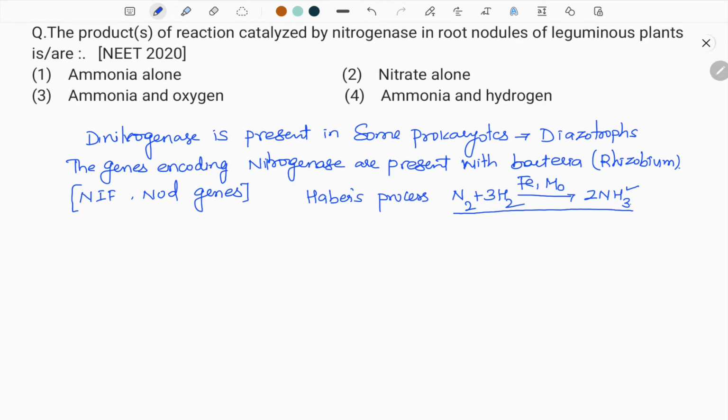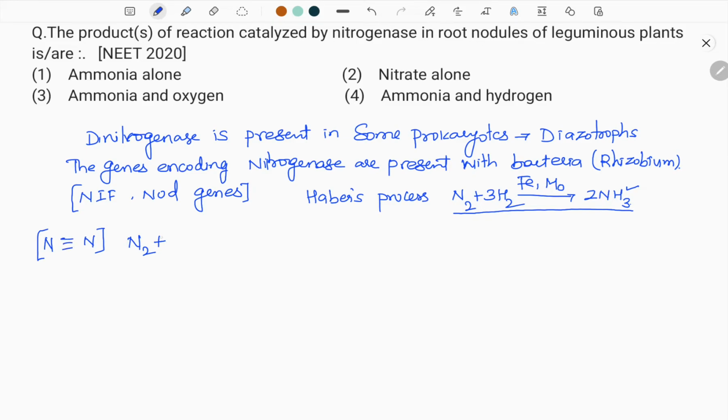So if you see the biological nitrogen fixation reaction, here we take dinitrogen. We know dinitrogen is a diatomic molecule, molecular nitrogen. One nitrogen has 3 bonds with another nitrogen, that is one sigma bond and 2 pi bonds between the nitrogens.